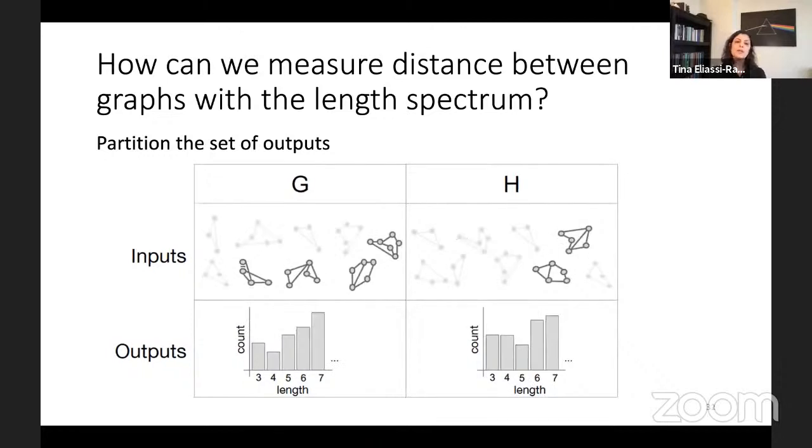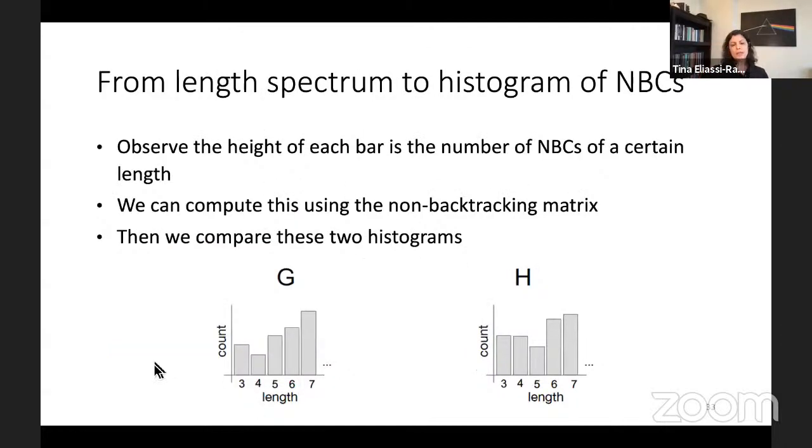So I don't need to actually enumerate and output all the non-backtracking cycles of a graph. All I need is this histogram, the counts over the different lengths of cycles. So how would I compute this histogram?